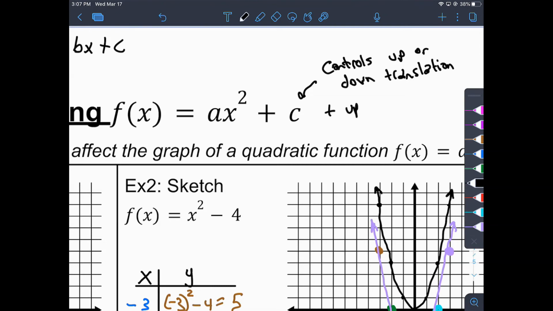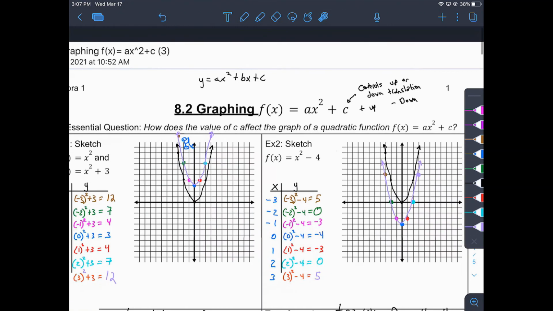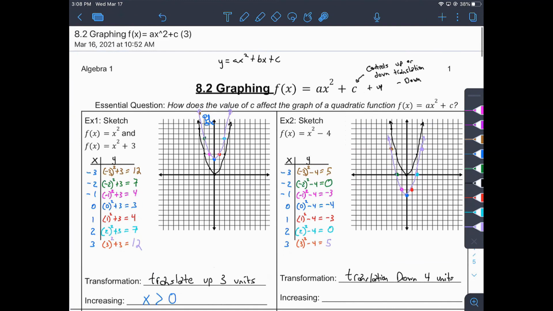Plus up, minus down. The C controls the up or down translation of the entire graph. All right, that is the main piece and the first piece to this idea.